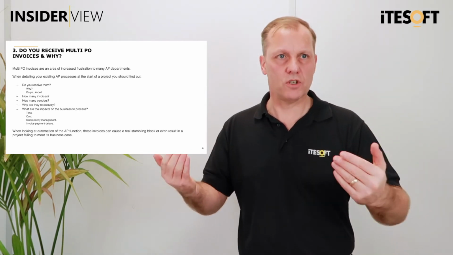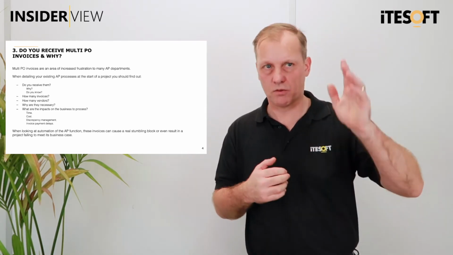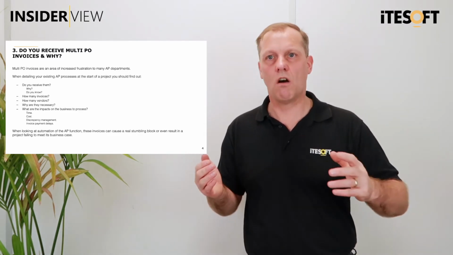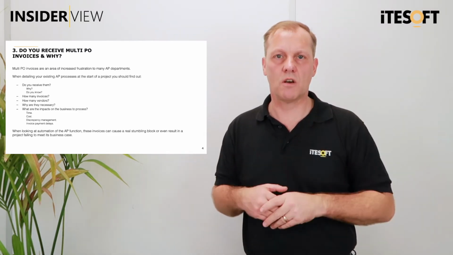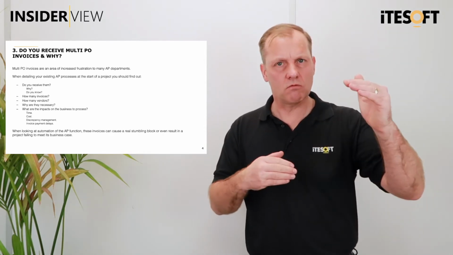How many of the invoices that you get, as a proportion overall, is it the 80-20 rule? 80% of your PO invoices coming in are absolutely fine, and 20% are multiple PO invoices on one invoice? Or is it much greater?